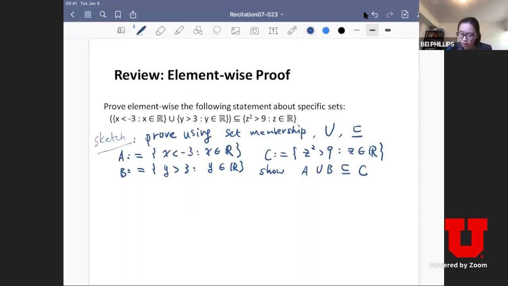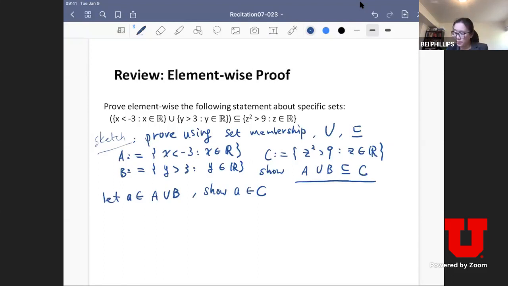So what do we want to show? When I want to show A union B is a subset of C, then if we let an element a that belongs to A union B, we want to also show a belongs to C. This is by definition of subsets.